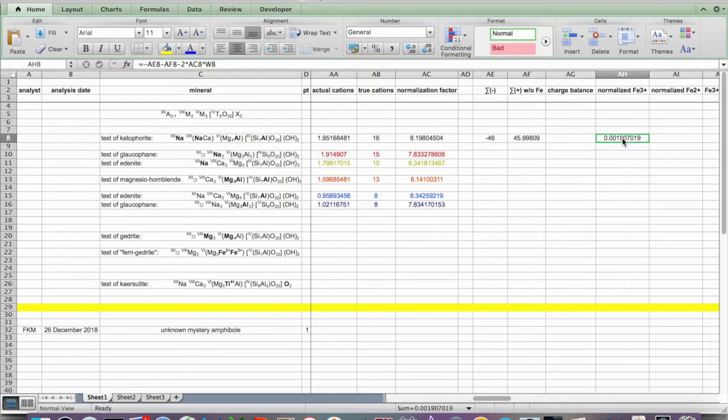we want to have some of the same sort of safeguards that we put in before. For example, we don't want a negative value for iron 3 plus. We don't want a value of iron 3 plus that's greater than the total amount of iron that we have. And so we put in the same safeguards that we talked about previously when we were doing the tetrahedral aluminum calculation.